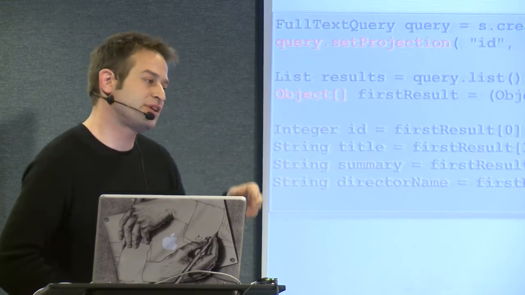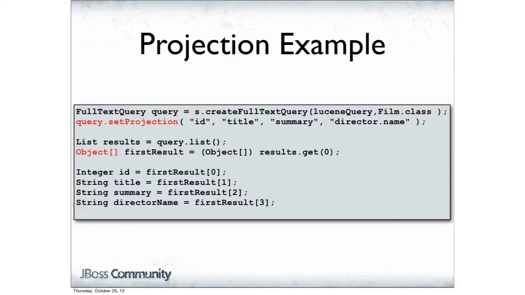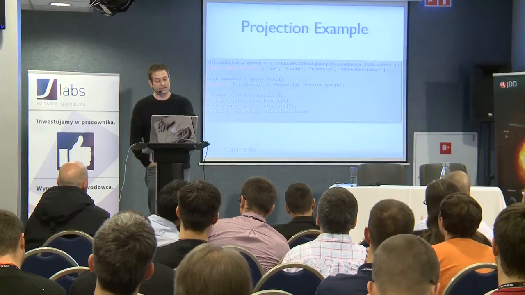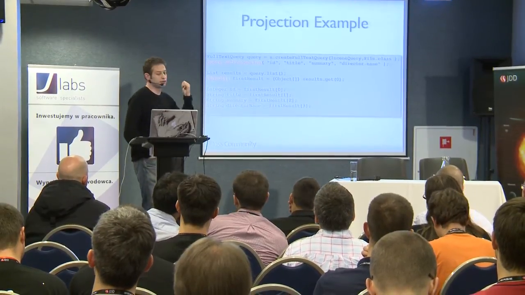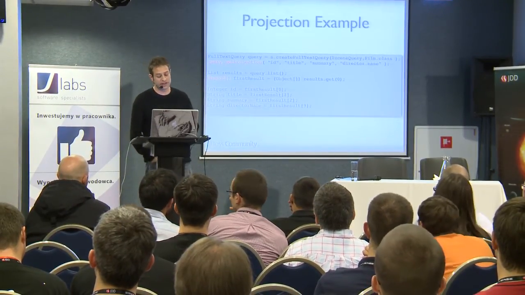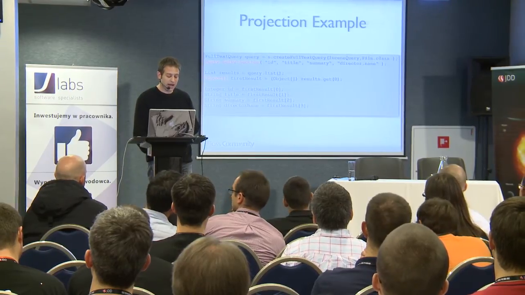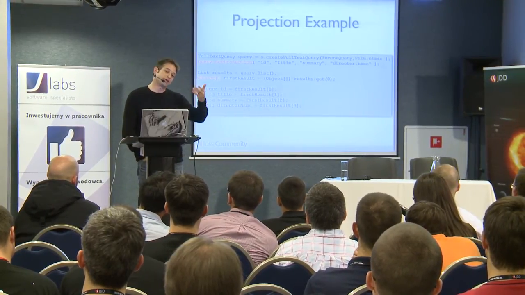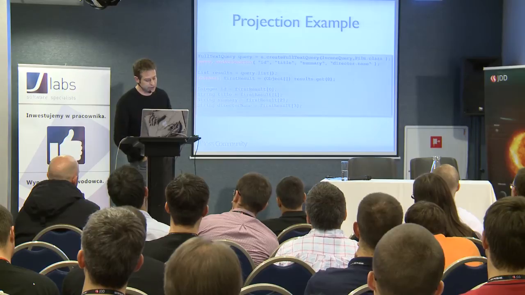And then you say query set projection. So now you're saying, I don't want a query which returns managed objects. I want a query which gives me the values out of the Lucene index. And with that projection, you're also saying which fields you want to get out of the index. And you go query.list to get the data back.